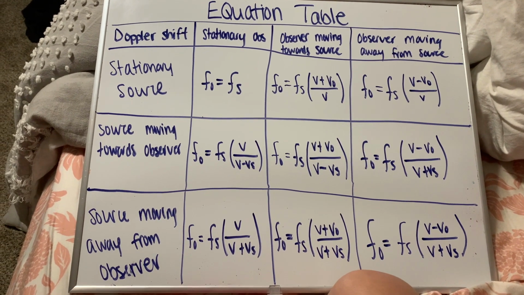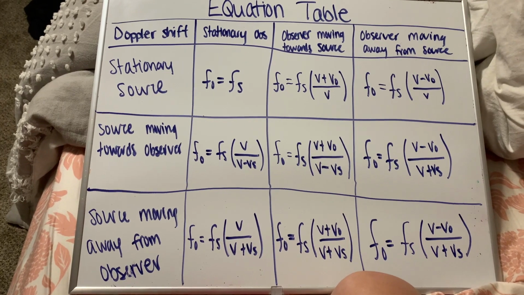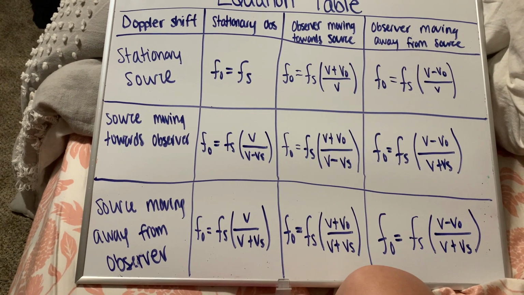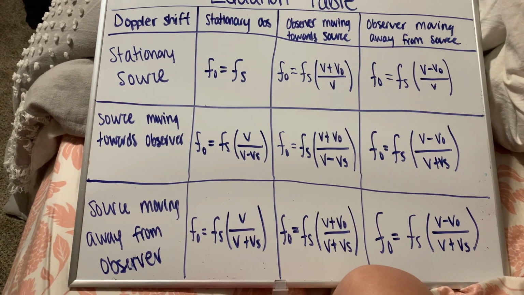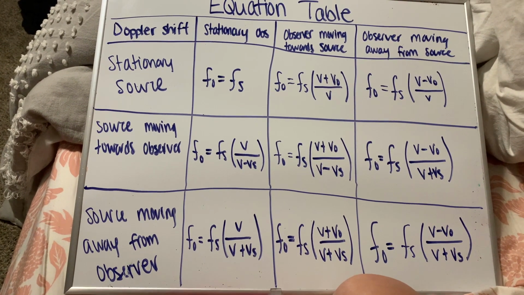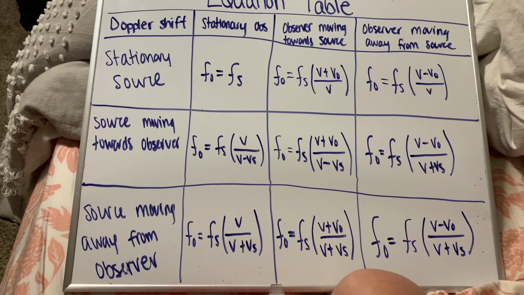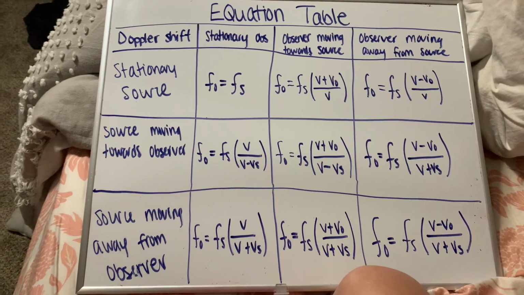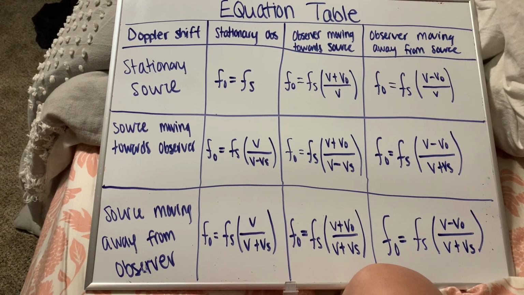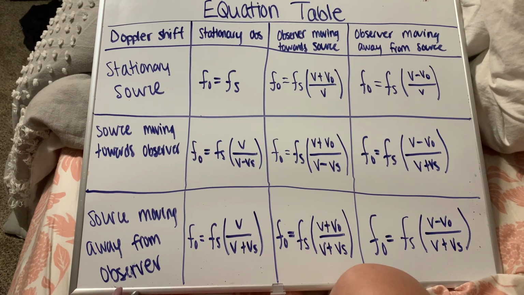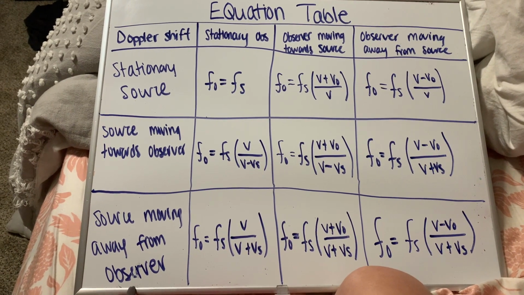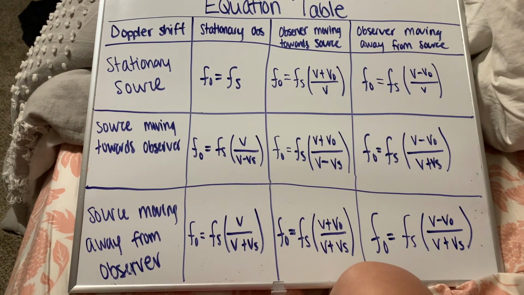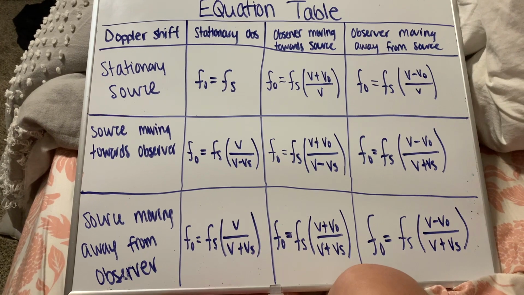If the observer is moving towards the source and the source is moving towards the observer, then f_o equals f_s times (v plus v_o) over (v minus v_s). If the observer is moving towards the source and the source is moving away from the observer, then f_o equals f_s times (v plus v_o) over (v plus v_s).